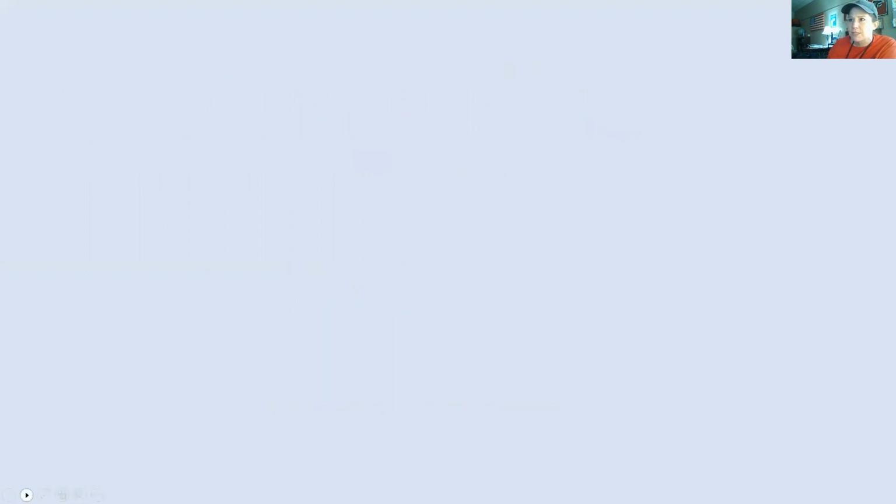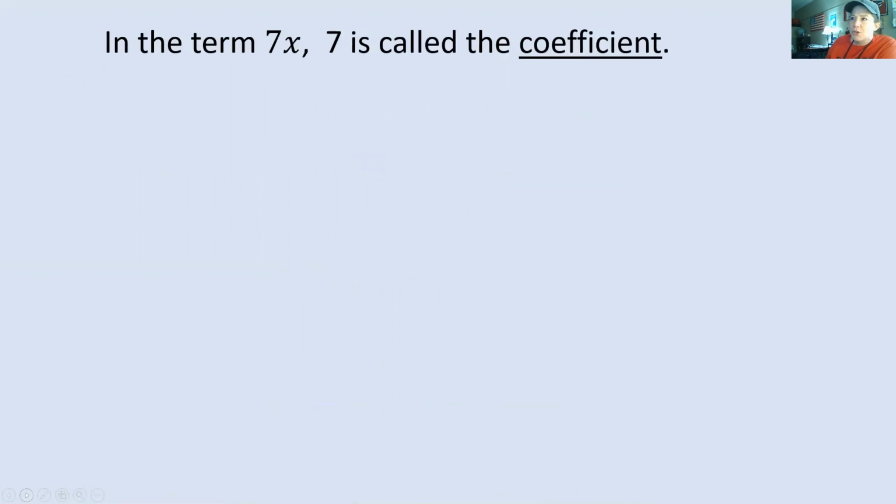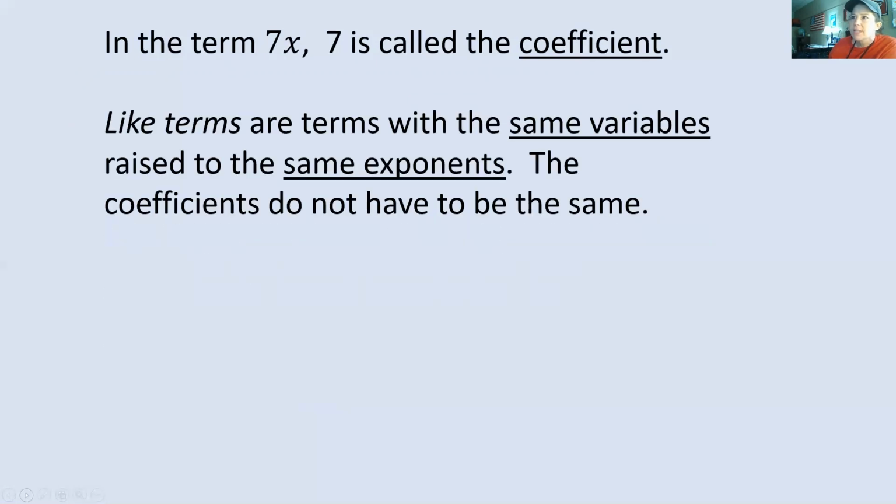So there are three terms. In the term 7x, we call the 7 the coefficient. When you have a variable, which means any letter that represents a number in math, the number attached to the variable is called the coefficient. Like terms are terms with the same variables raised to the same exponents.